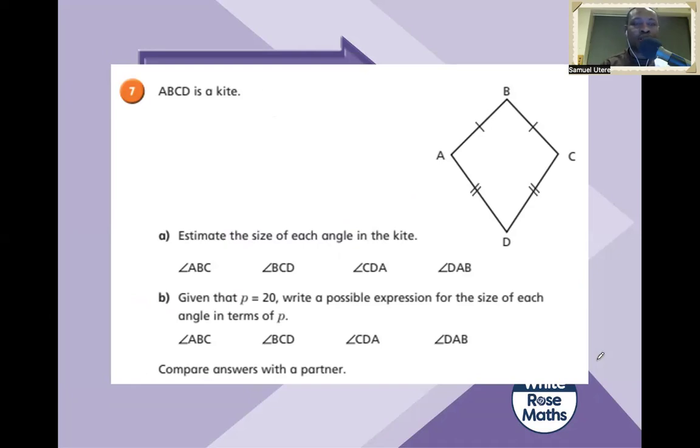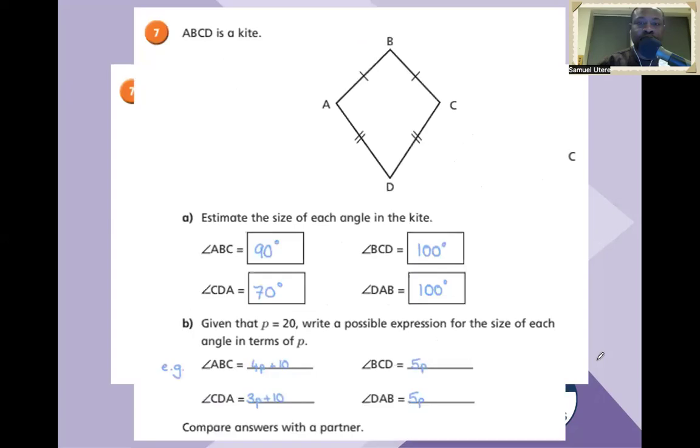Assuming you've paused the video and you've answered question 7, here are the answers. Let's discuss them. So for question 7, ABCD is a kite. You are asked in A to estimate the size of each angle in the kite. So ABC will be 90 degrees if you remember our properties of a kite. BCD will be 100 degrees.